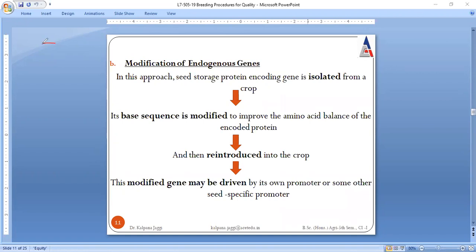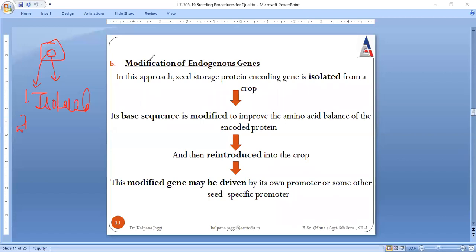Say now this is the host, and within the host this is the gene. But this gene is not giving as good a result as was expected from this gene. Then what to do? Then one thing can only be done. This gene can be, as the very first step, isolated from the cell, because we are talking about modification.